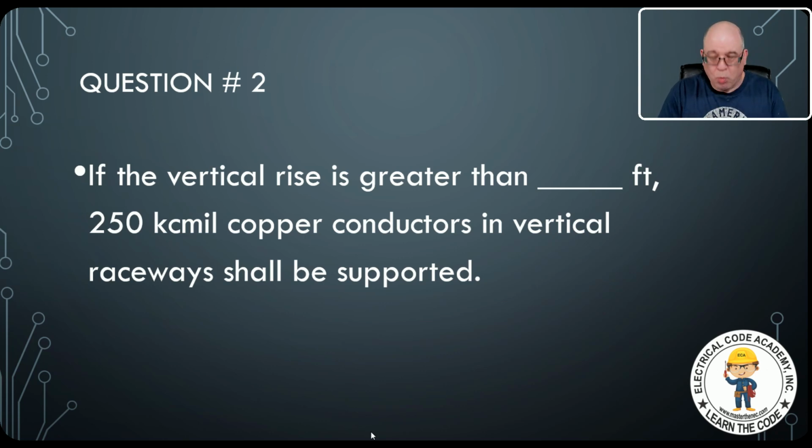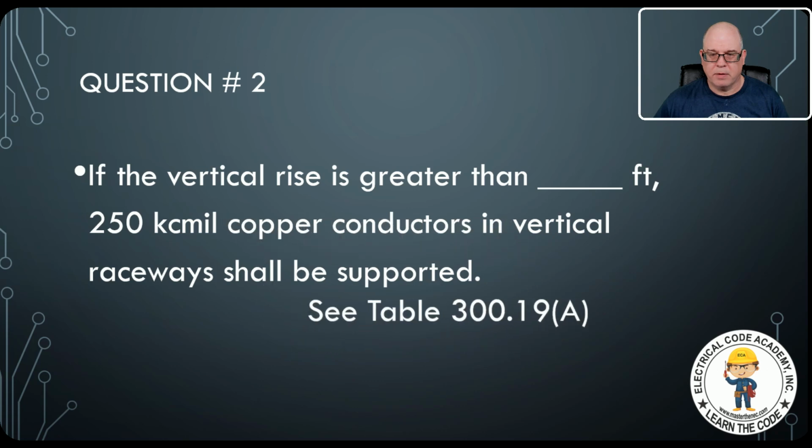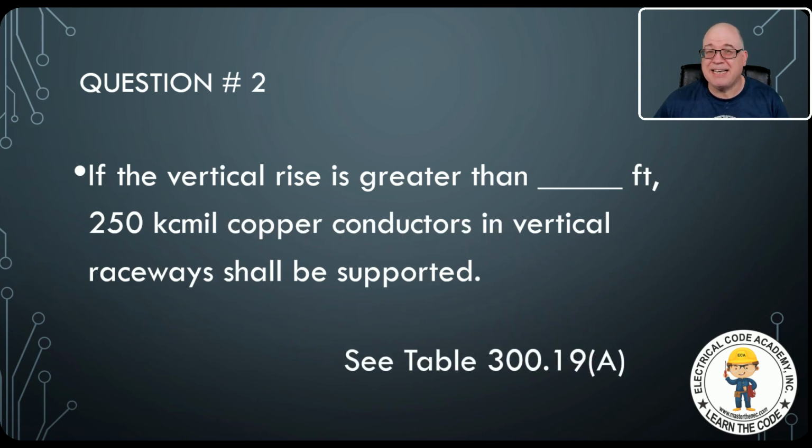Okay, so what about the terminals? At the bottom of this installation, you've got terminals that are handling all that weight. They're not designed for that. So this rule allows me to support those conductors inside of a raceway. Okay, so when we're looking at this, we want to look at the index, dissect everything. Ultimately, what's going to happen is it's going to take you to table 300.19(A), and that is the internal support of conductors within raceways.